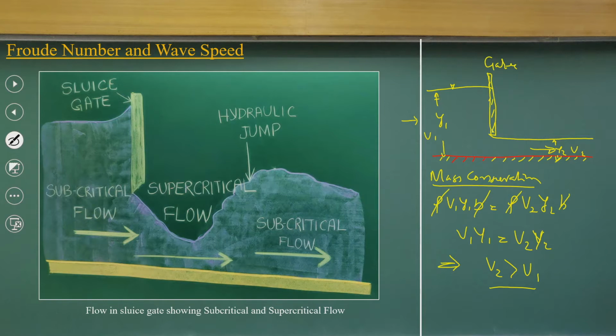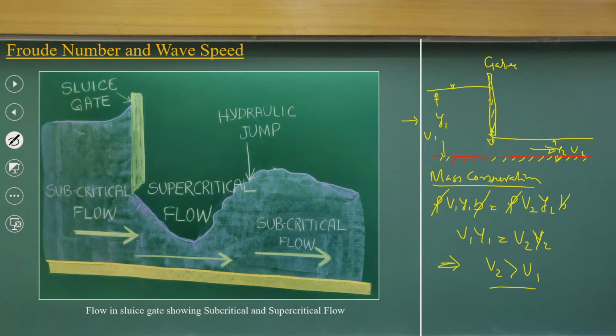Just try to understand it: I am lowering the gate. As I lower it, my y2 will be lesser and lesser, and v2 will be larger than v1. If I estimate the flow Froude number, I am reaching towards supercritical flow.